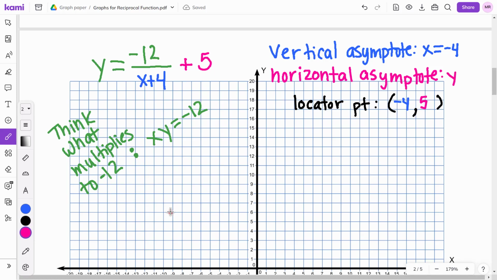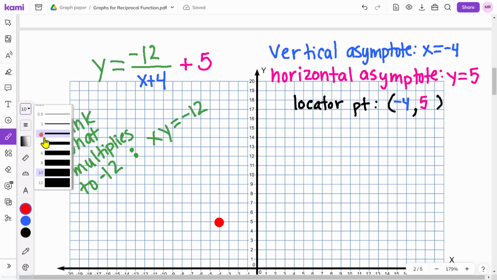And so that's going to be where my horizontal asymptote y equals 5 goes through. So I am going to plot that locator point at -4, comma 5. And that is where my horizontal and my vertical asymptotes are going to go through.